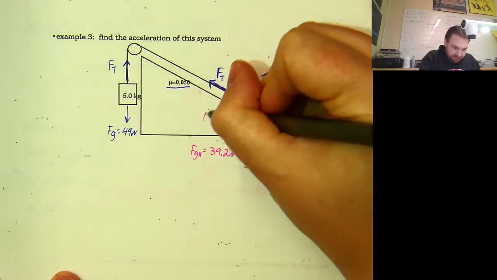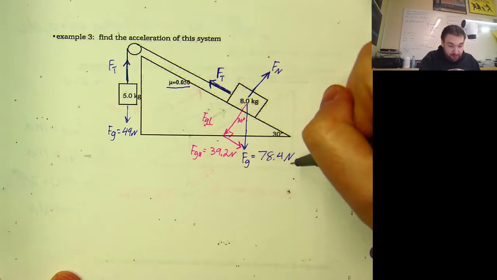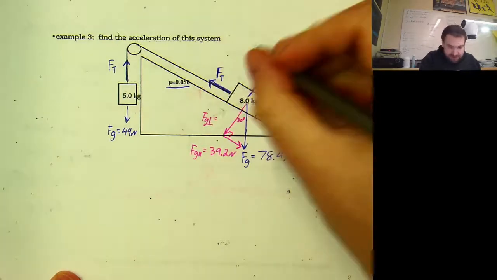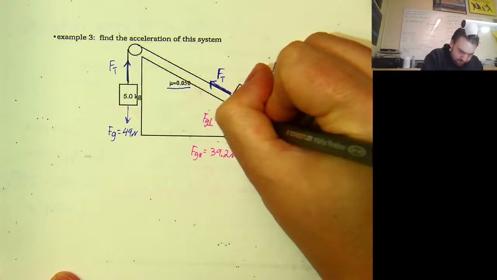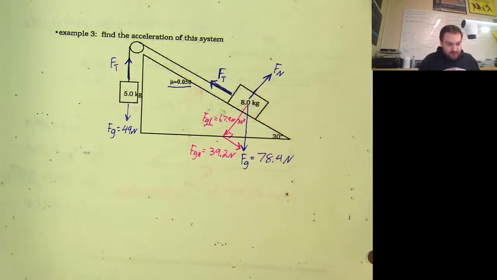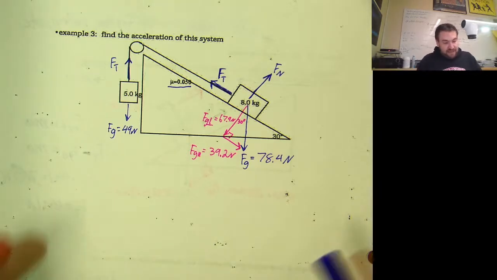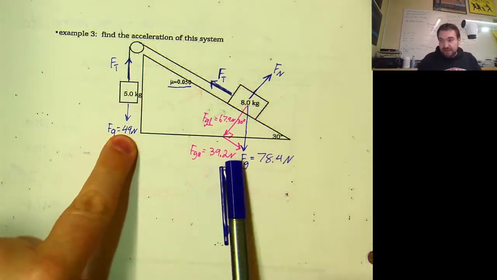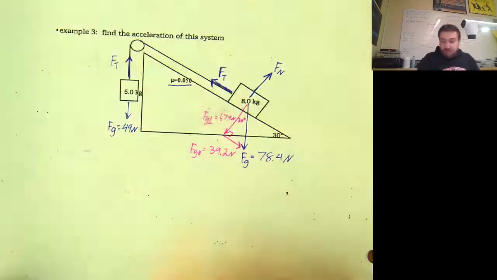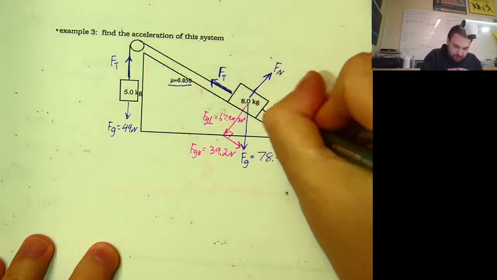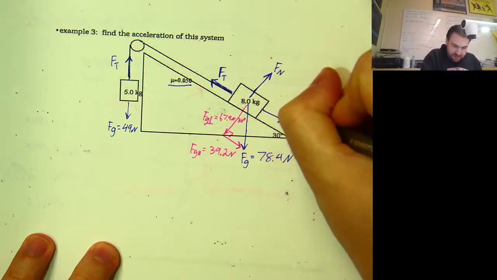Fg perpendicular is going to be 78.4 cos 30, so I'm just going to put that value here. That's 67.9 newtons. And so now based on this, we can actually see which way the friction is going to act. This force is larger than this component force. So the object is going to want to slide this way, which means friction is going to act down this way.